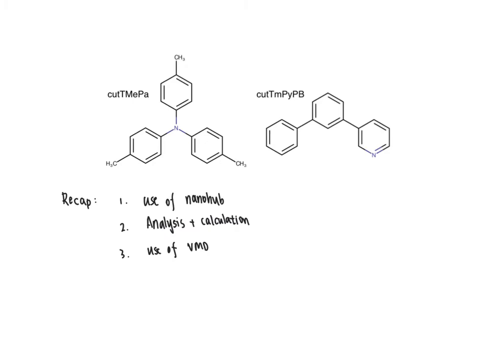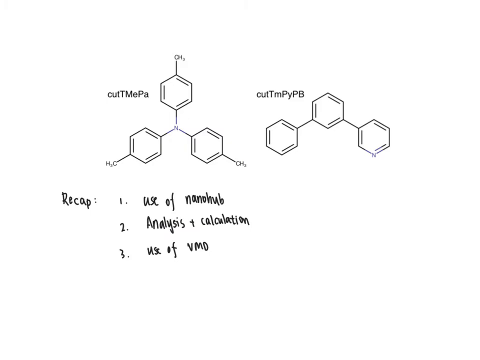So in this lab, we have used the ab initio simulation system in NanoHub to run the simulations of the geometry using the geometry coordinates of 2 molecules. We have used the output log of the simulation to do the analysis and calculations of electron affinity and ionization energy.